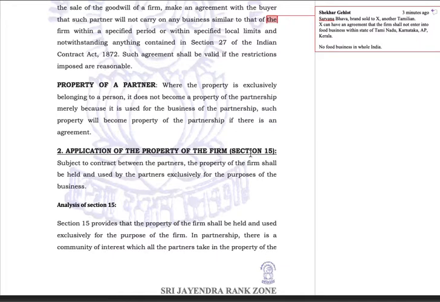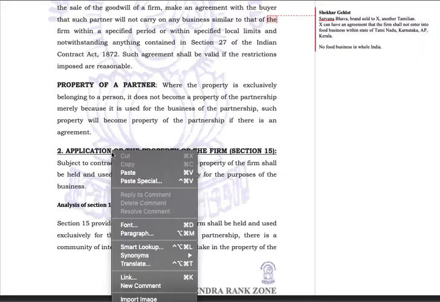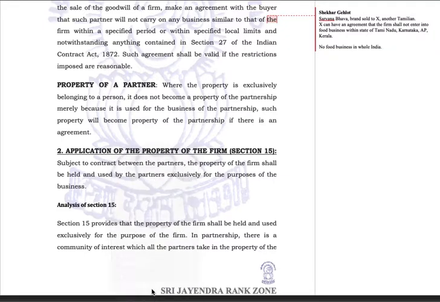Application of the property of the firm, section 15. Application means use. Subject to the contract between the partners, the property of the firm shall be held and used by the partners exclusively for the purpose of the business.